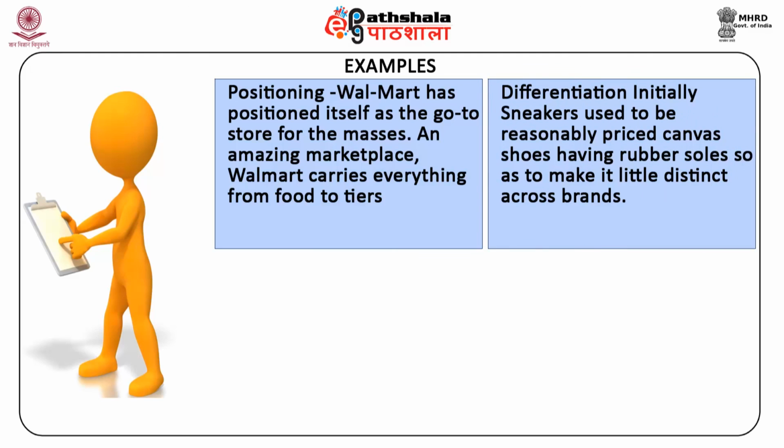Differentiation. Initially, sneakers used to be reasonably priced canvas shoes having rubber soles, so as to make them a little distinct across brands. At present, there are tennis shoes, basketball shoes, aerobic shoes, and other sport shoes made of many materials and having many special features.